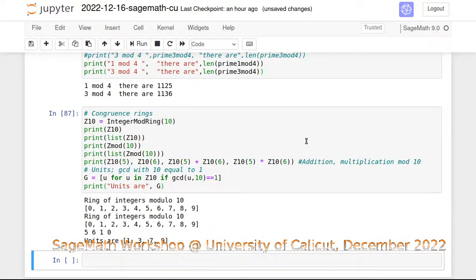That gives 1, 3, 7, 9, which are essentially the integers in Z10 that are relatively prime to 10.